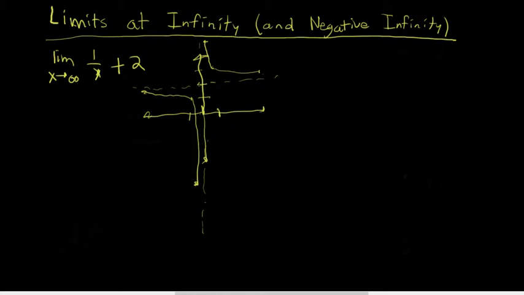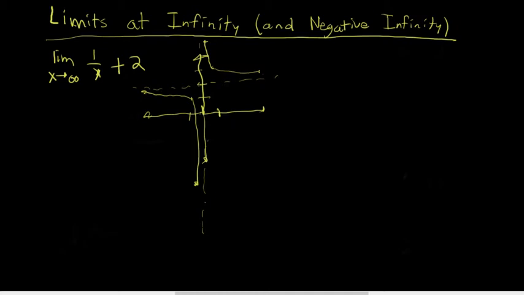We plug in x equal to negative 1. 1 over x would be negative 1, but we add 2 to that, so we get positive 1. When we plug in really large negative numbers for x, we're going to get really small but negative numbers for 1 over x, and we add 2 to them, we're going to get numbers very close to 2 but slightly less than 2.